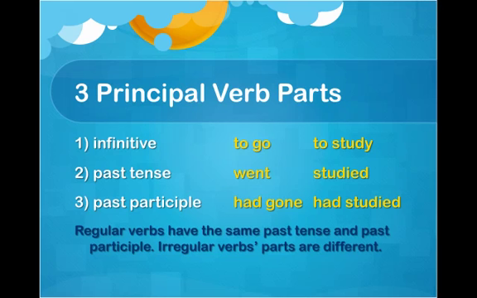And then you have the past participle, which often requires a helping verb: had gone, had studied. How do you know if you have a regular verb? They have the same past tense, studied, and past participle, had studied. Irregular verbs: went, had gone. Whoa.